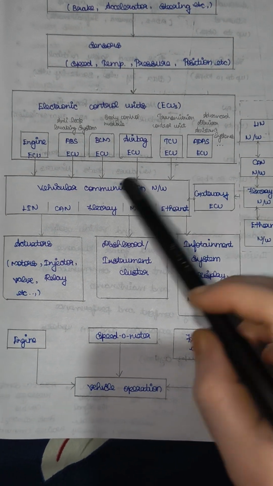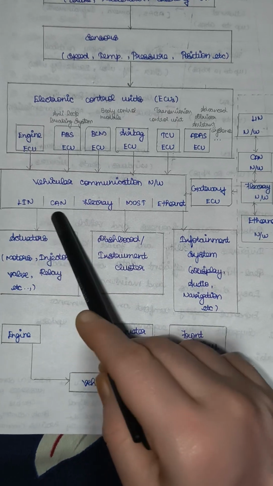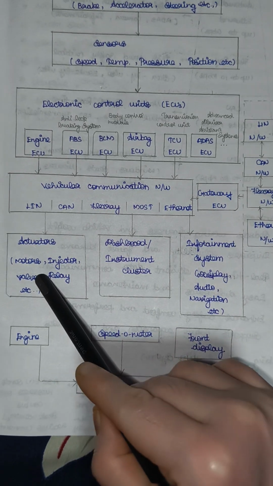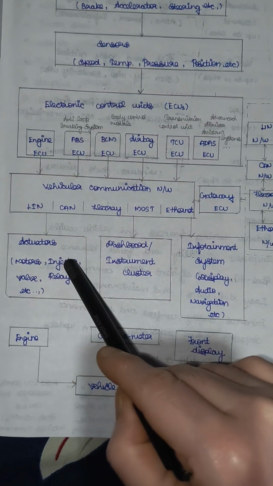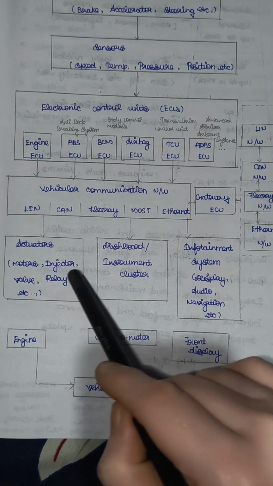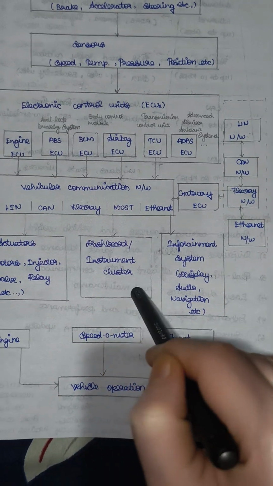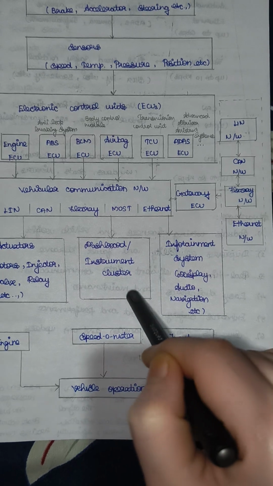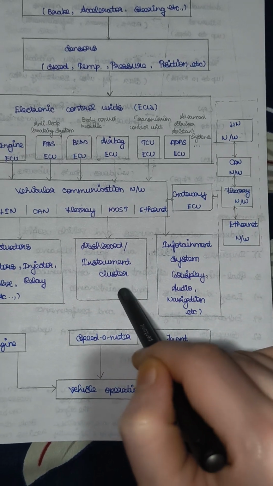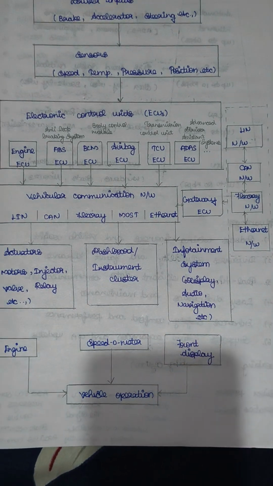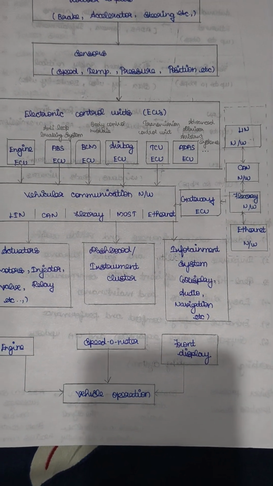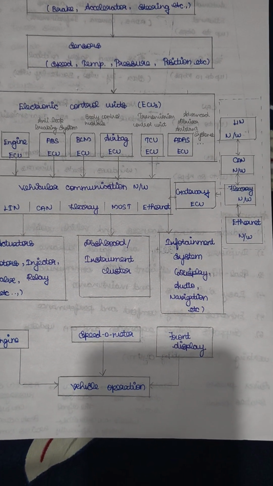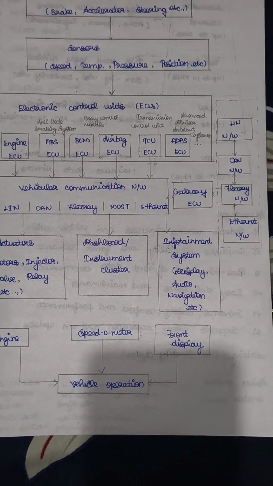For example, it can communicate with actuators, which perform physical actions such as controlling motors, injectors, valves, or relays. It also communicates with the dashboard or instrument cluster, where vehicle information is displayed to the driver. Another important system is the infotainment system, which provides functions such as display, audio, and navigation.